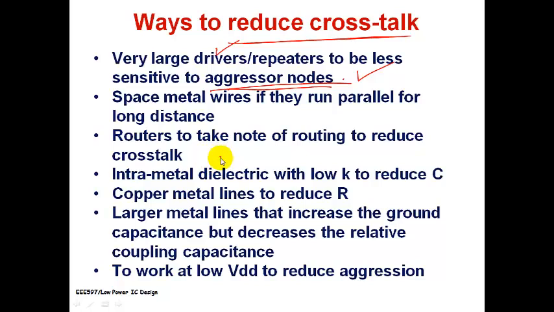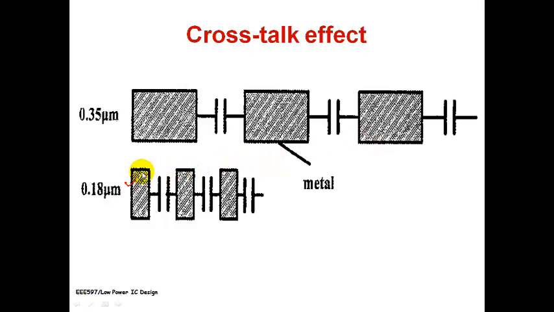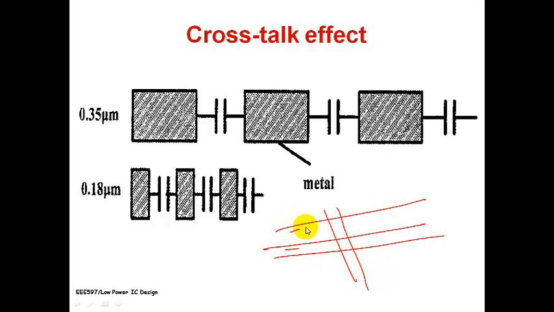Next, the metal wires are to be spaced in such a manner that they don't run parallel for a long distance. Only because I have these two wires running in parallel do I get this. That is the reason why normally, if I have one metal layer going horizontally above this silicon dioxide, I would have the next wire running vertical to that, and then the next layer running horizontal once again.